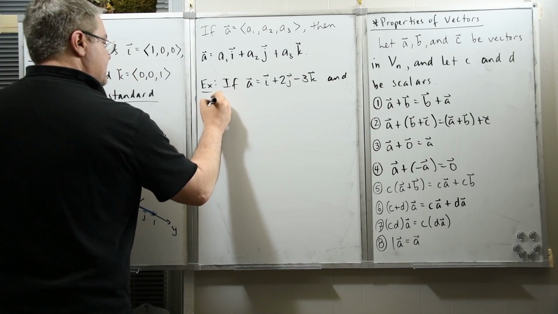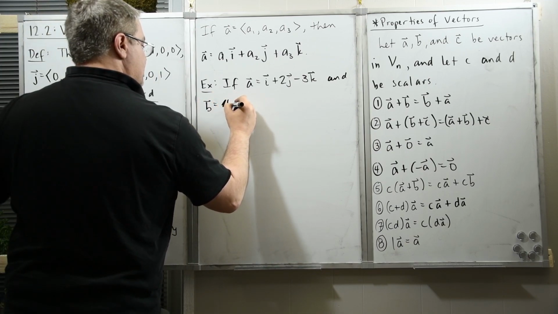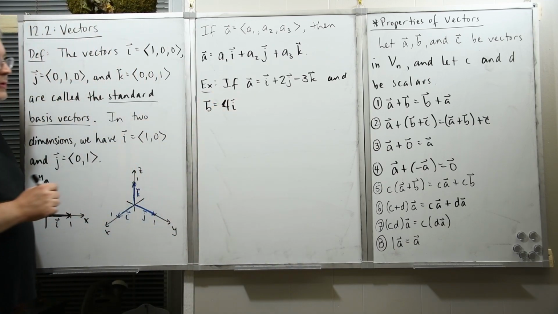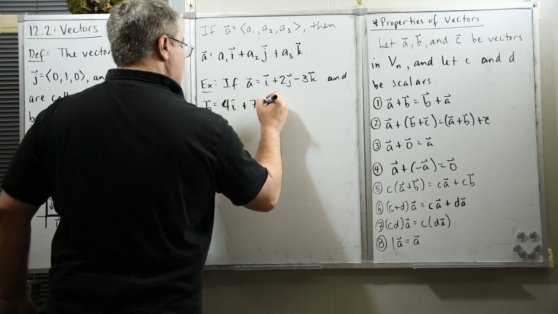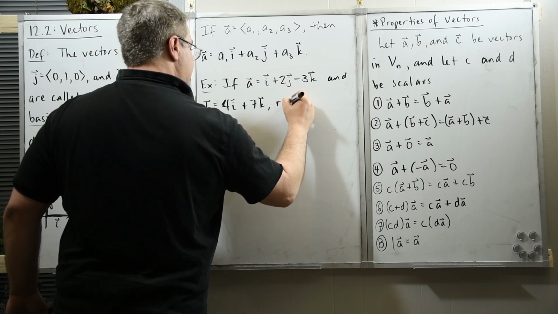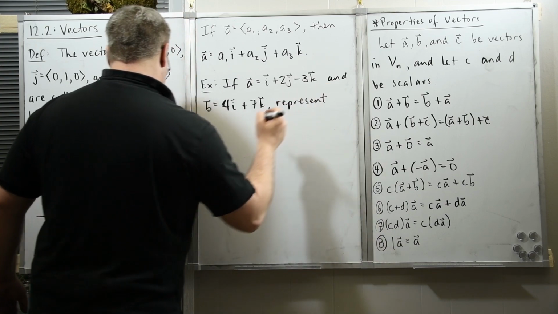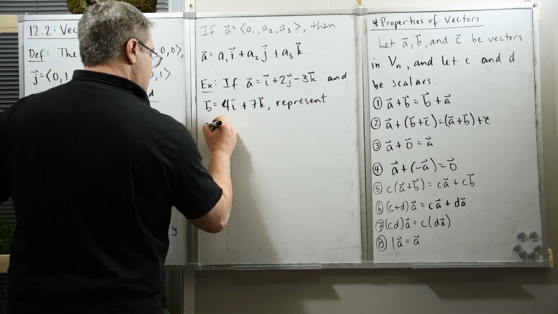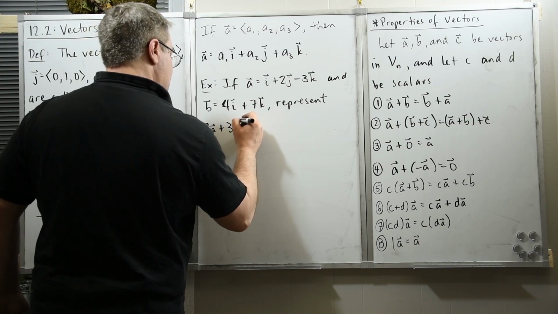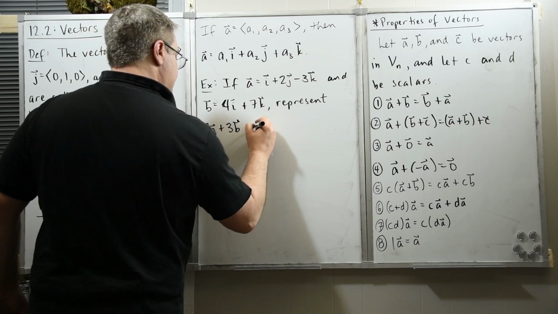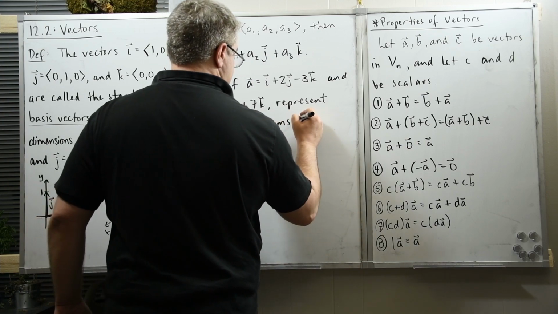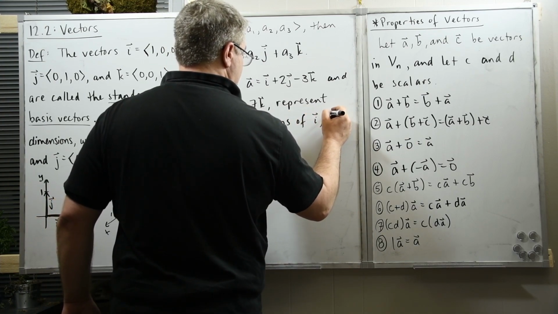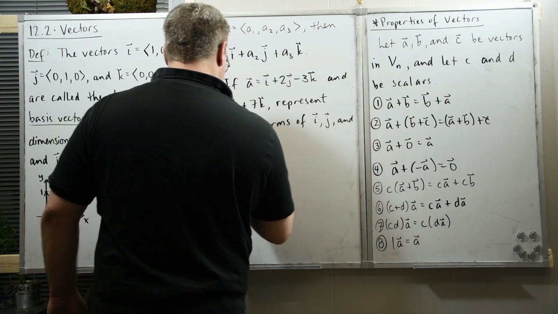And let's say we have the vector B that's equal to, let's say, 4i plus 7k. And what we're going to do is we're going to represent 2a plus 3b in terms of I, j, and k.